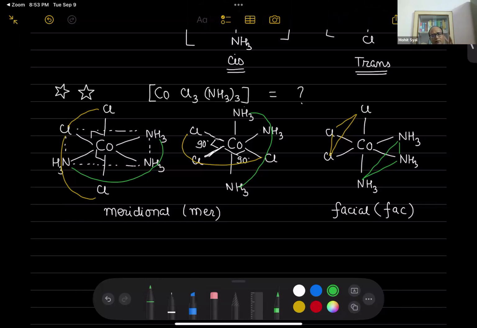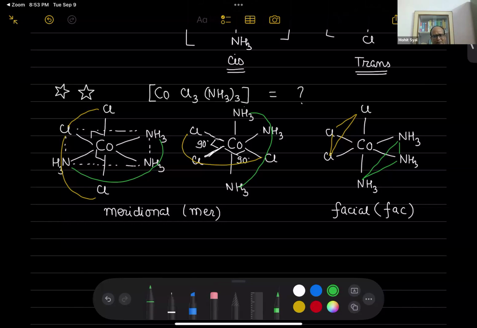Okay. If you have two groups of one kind and remaining of other kind, you can call them cis and trans isomers. The cis isomer has the same groups on the same side, and the trans has the same groups on different sides. Okay. But if you have three of one type and another three of a different type, then you have facial and meridional. These are the two isomers.